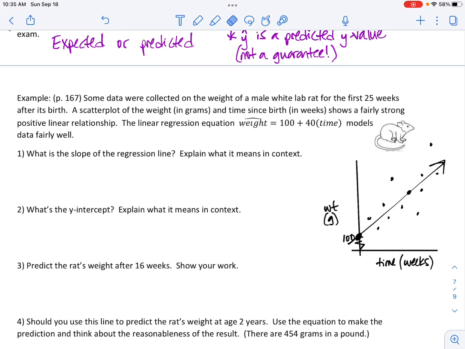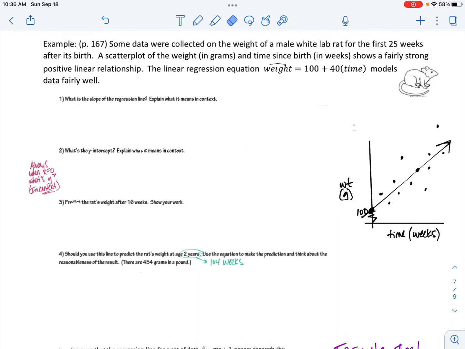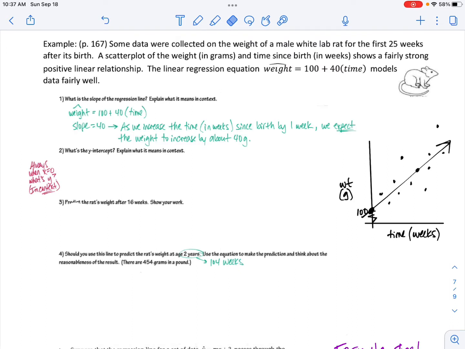So the slope is the 40, and what we're going to say is, as we increase the amount of time, so for each additional week is another way that you've seen this. I don't know what you wrote in your reading guide about interpreting the slope, but there's a couple correct ways to say this. You need to talk about the increase, or for each additional, whatever the X value is in this case, which is time.